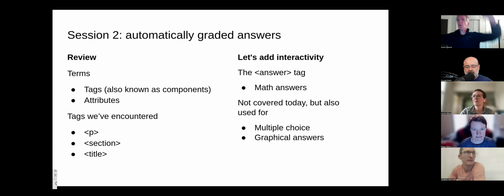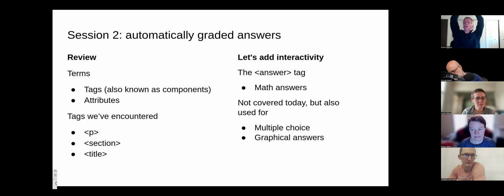All right. So section two, this next idea is to talk about automatically graded answers, and in particular, we're going to think about mathematical answers. So far we've talked about tags or components, these are two words. We talked about attributes, paragraph, section, and title tag.